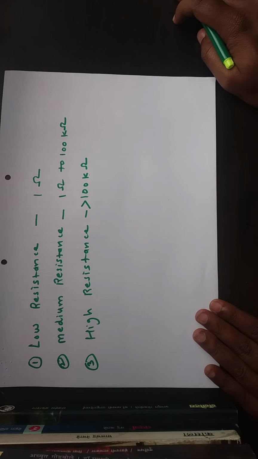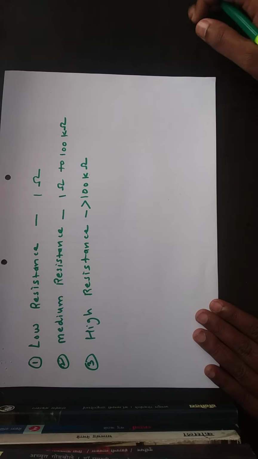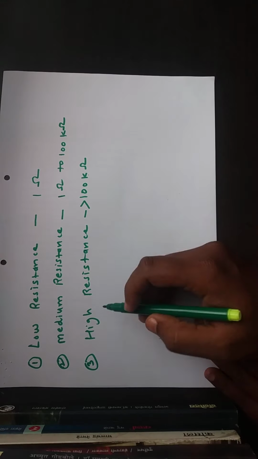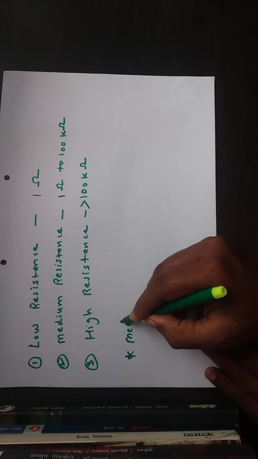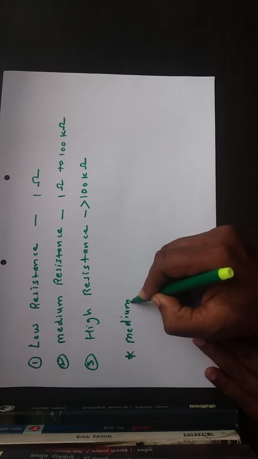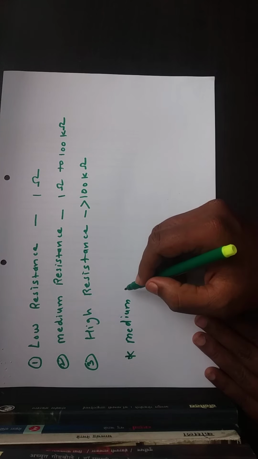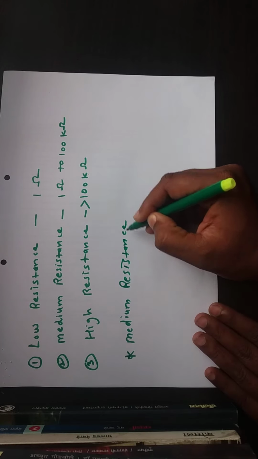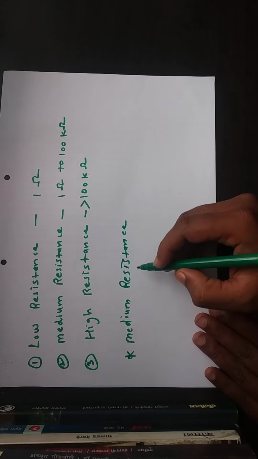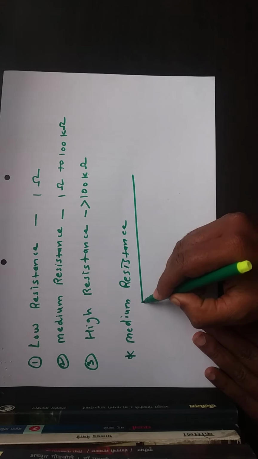So in our syllabus we have to discuss only two types of resistance measurement, that is low resistance measurement and medium resistance measurement. In the case of medium resistance measurement, we have two types.